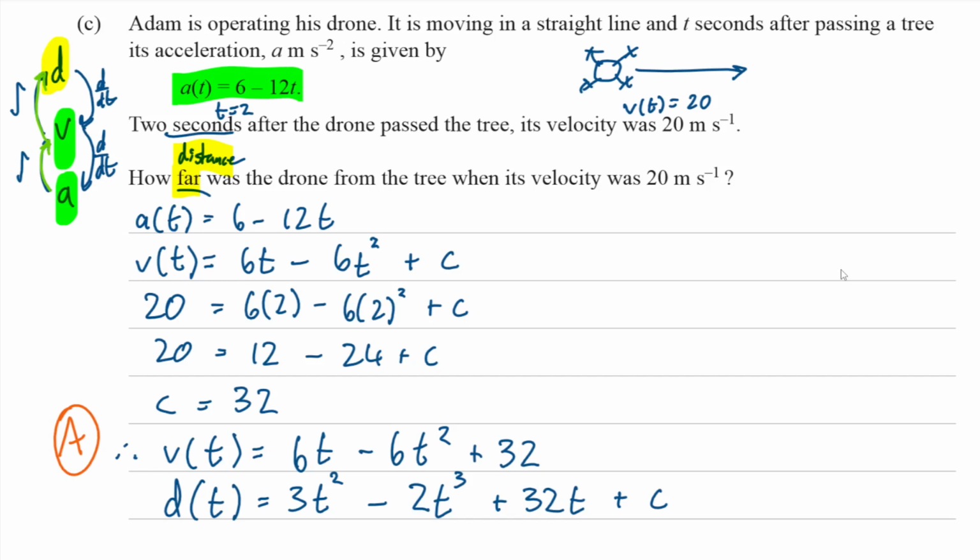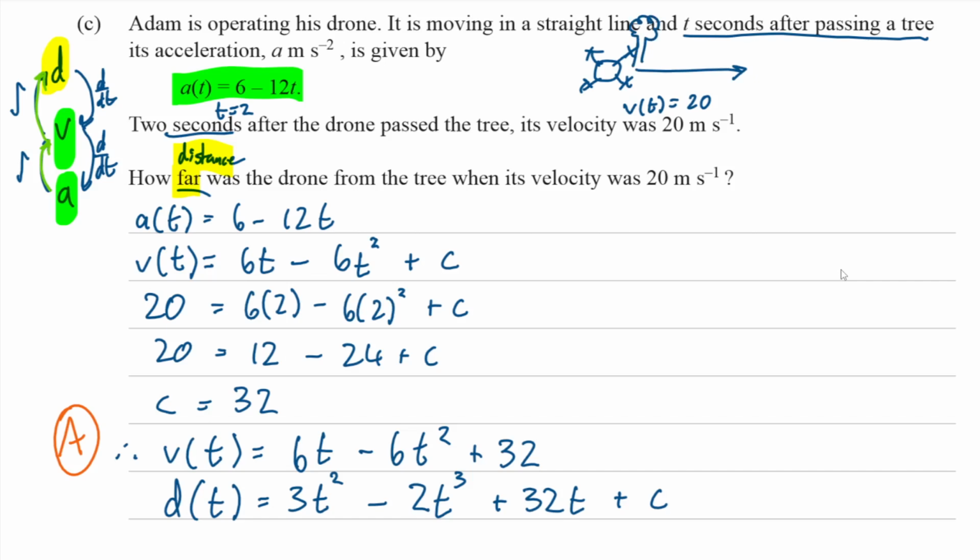So it's moving in a straight line, t seconds after passing a tree. Alright, I don't see any clear distance-time combination. Often in kinematics problems, when it says "t seconds after passing a tree," it means we start the stopwatch right when it passes the tree.